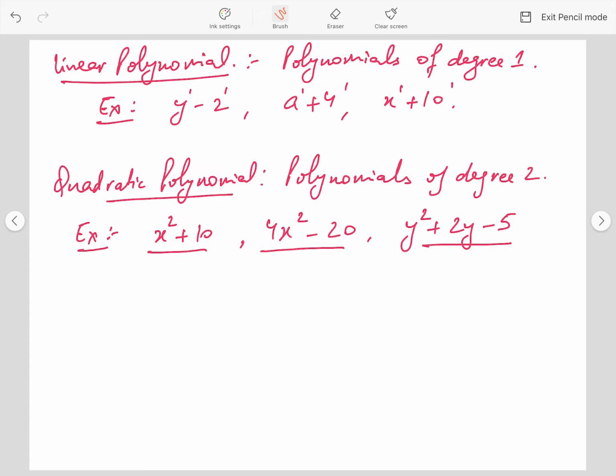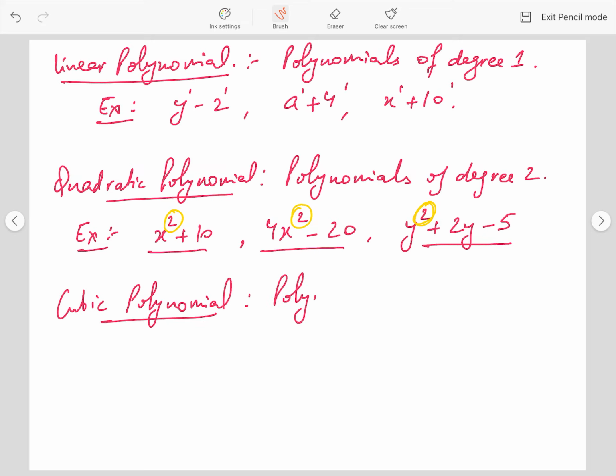The word quadrate means square, that means power 2, or we can say highest power 2 and degree 2. In the first example the power of x is 2, which is the highest power and that will be the degree. Here 4x square, and in the third example y square. So the degree of this polynomial will be 2. Next we have cubic polynomial.